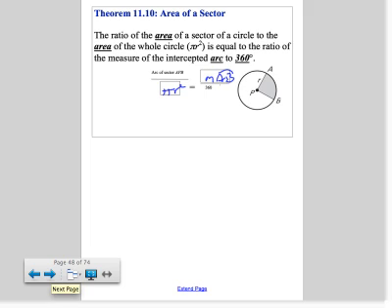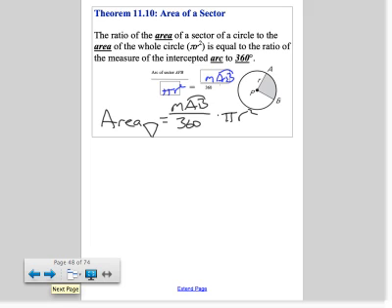Another way of thinking about this, and obviously they don't have it on the notes here, just like we did yesterday, is area of a sector equals the measure of the arc divided by 360 times the area.